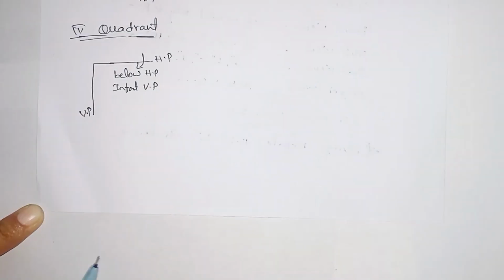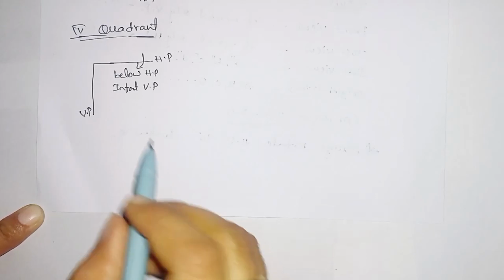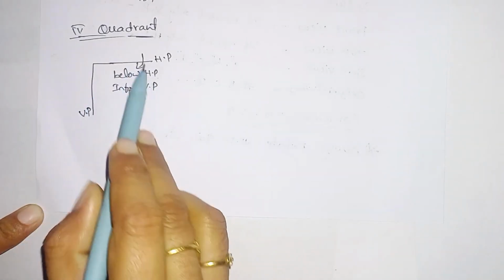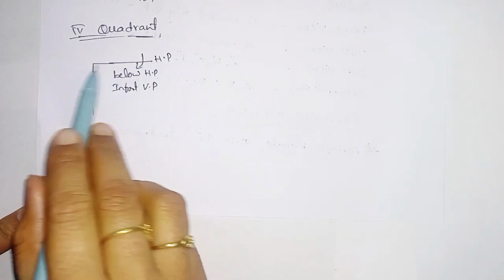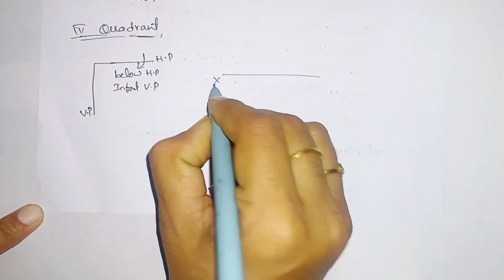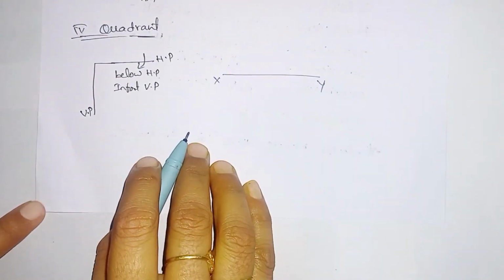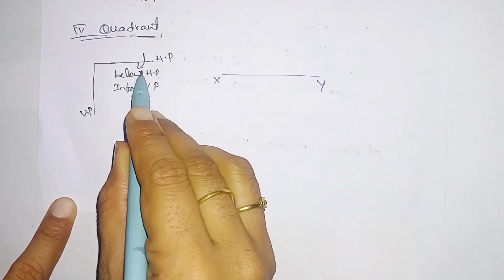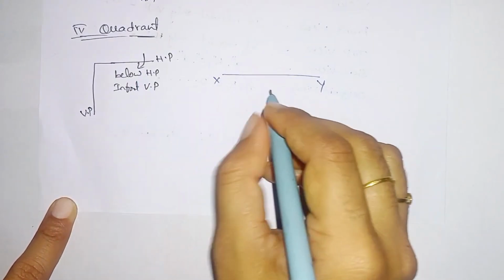Coming to the fourth quadrant. The fourth quadrant is below HP and in front of VP, with clockwise rotation. Draw a reference line, the same as for the other quadrants, and rotating 90 degrees means it comes downside.